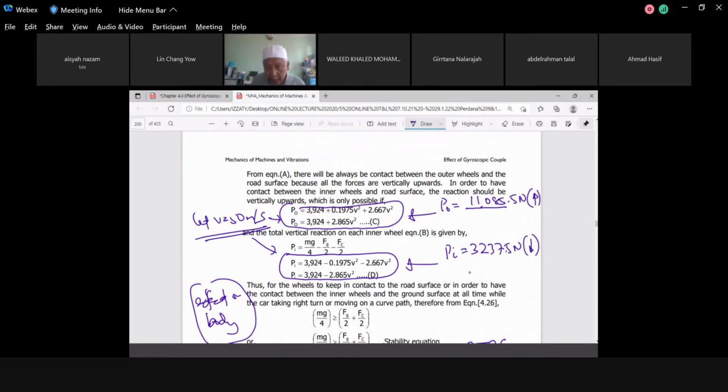But remember, these forces, 11,000 and also 3,000 here, are on the wheel, isn't it? So you have to check whether it leaves the ground or not. You have to inverse the direction to find out the effect. So now inverse it.